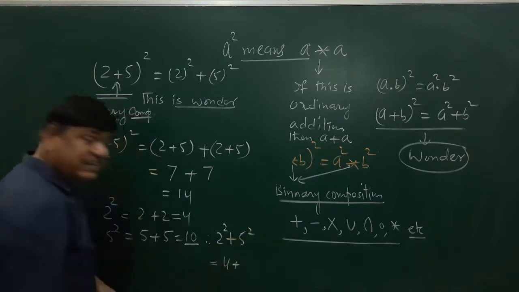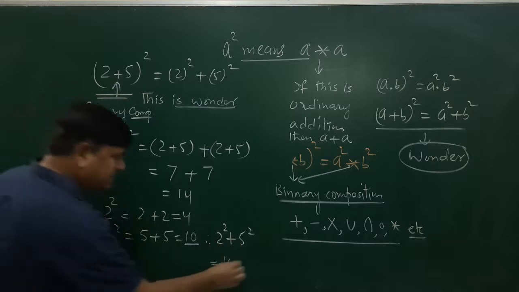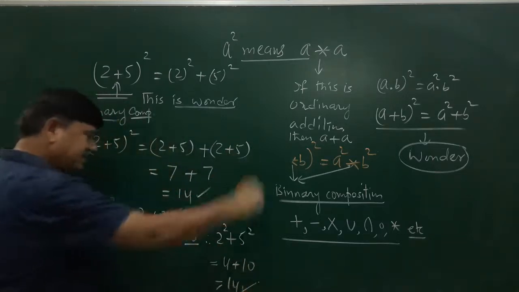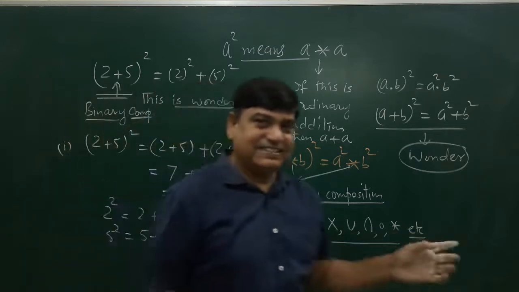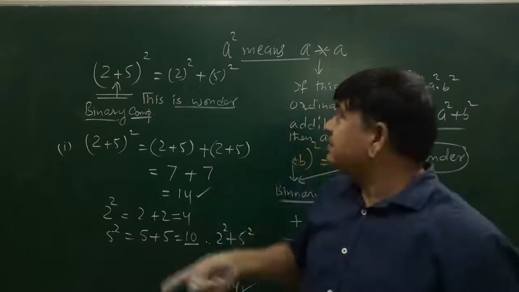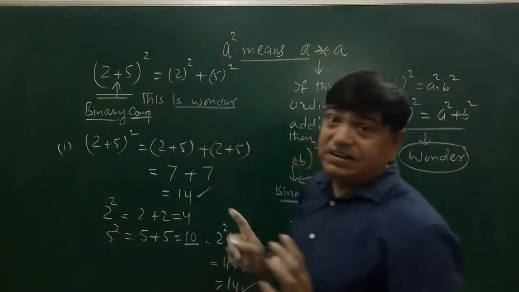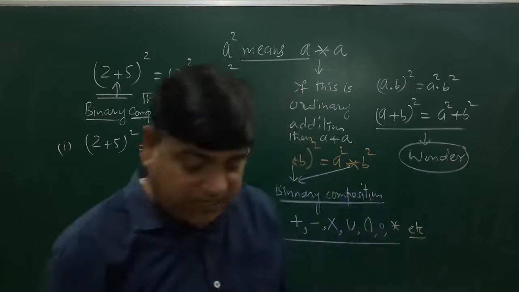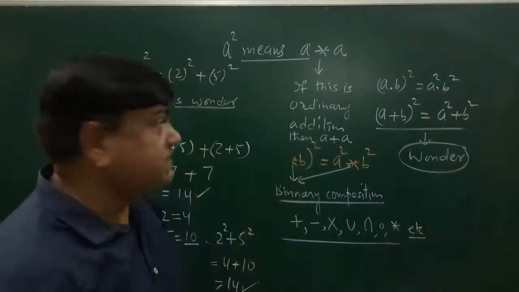Here it is binary composition, so this is 10, then it is 14. So left hand side is equal to right hand side. So remember, this is not the ordinary multiplication. This is the binary composition. Okay, so let us prove this.